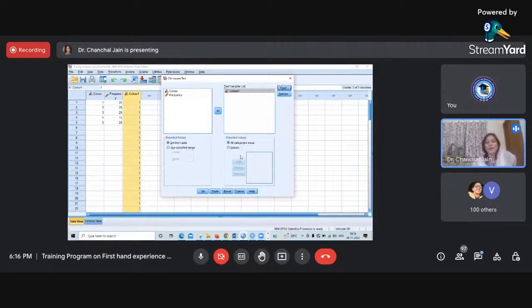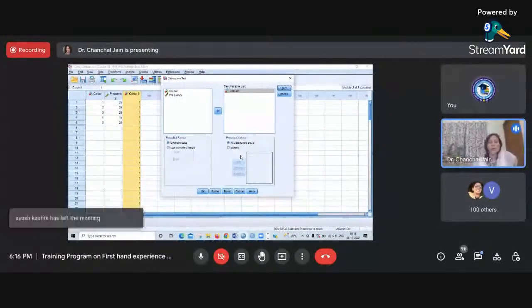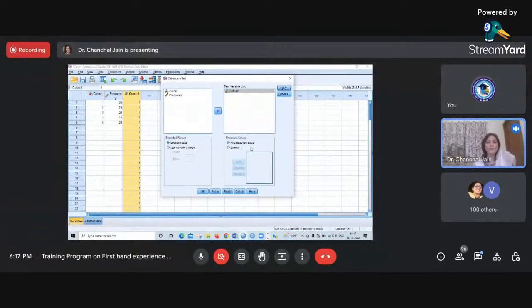Talking about the box at the lower right corner, you can see it is written expected values, all categories equal, and the second option lets me specify the expected value here.